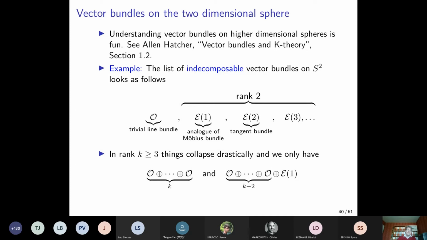And if you go to higher rank, then suddenly the situation becomes similar to the situation on the circle. The bundle is either trivial or trivial plus a copy of this strange vector bundle. And this kind of stabilization always happens, and it is the subject of something called K-theory.